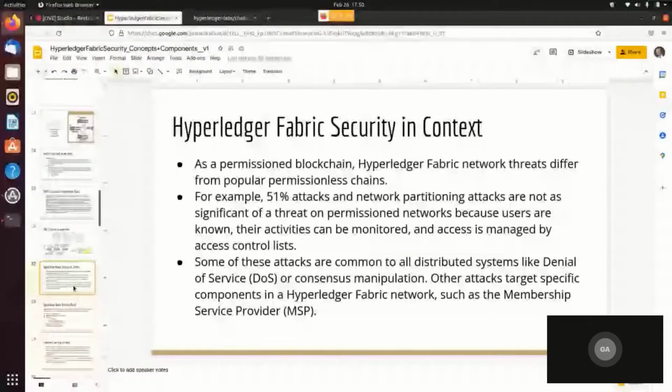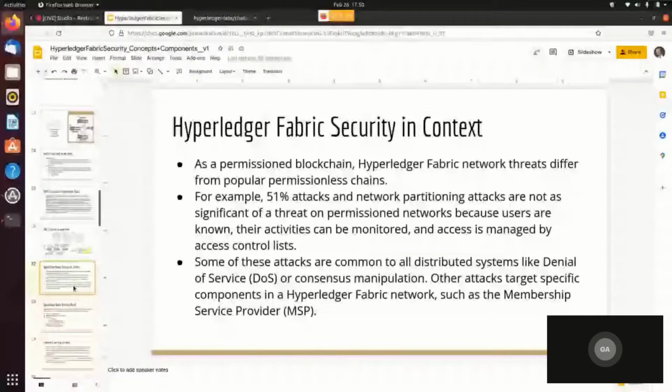Majority of the common attacks like 51% attack or partitioning attack are not a significant threat to a permissioned system like Fabric, because here identity is known, identity is validated even before you join the network, and the activities are monitored and access is managed by access control lists. But other attacks like denial of service attacks, consensus manipulation or smart contract vulnerabilities become prominent here.